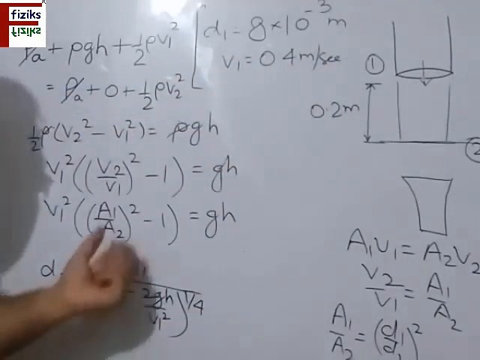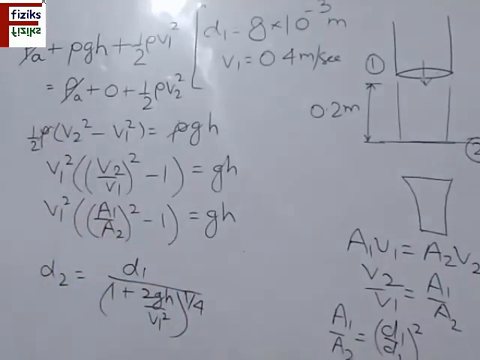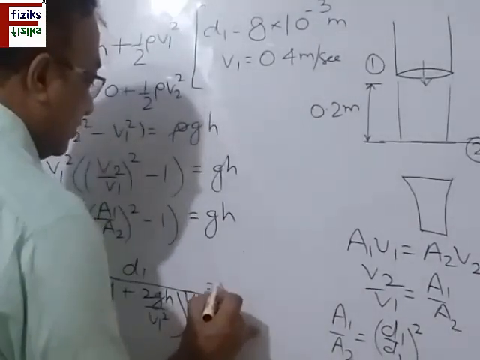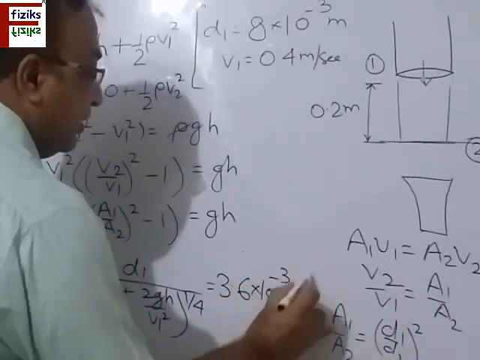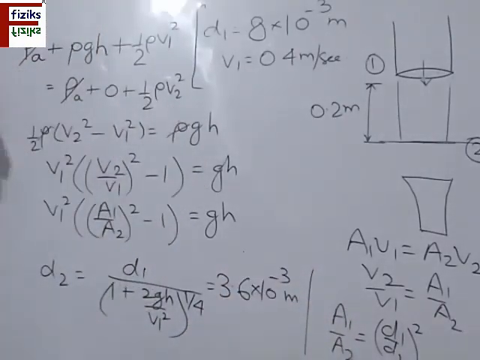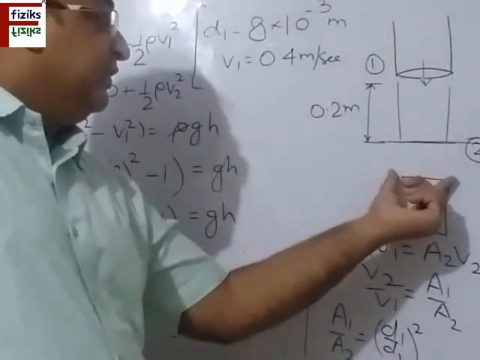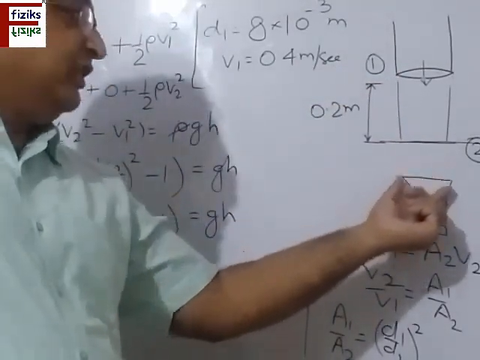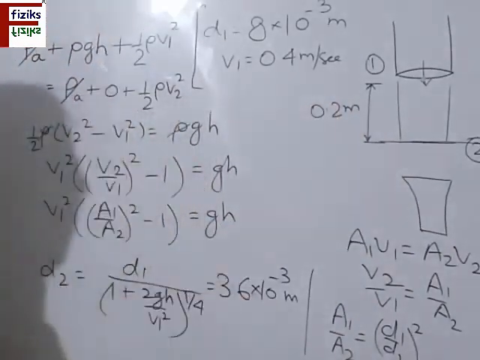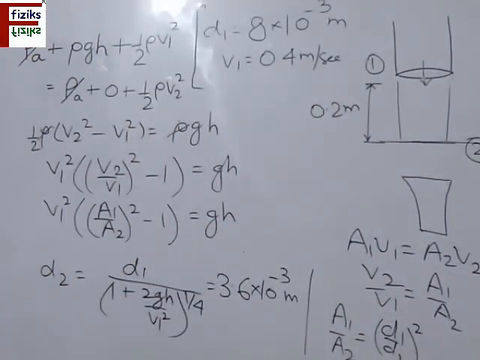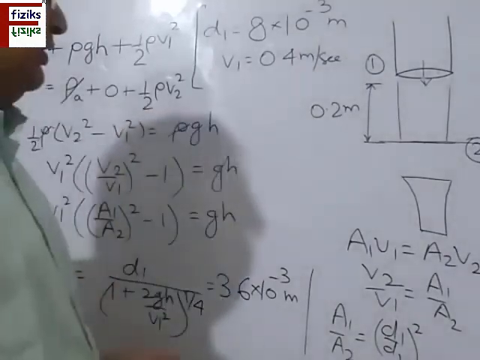So put the values in this and you will get the answer equal to 3.6 mm or 3.6 into 10 to the power minus 3 meter. Now you can see here initially the diameter was 8 mm, and when it comes down through a certain distance 0.2 meter, the diameter reduces to 3.6 mm. Now what is the reason behind this?